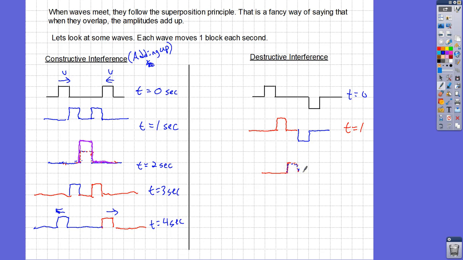So they're overlapping. And that means in reality, when they meet, nope, I did that wrong. I'm sorry about that. Take a second for the eraser to come up. There we go.